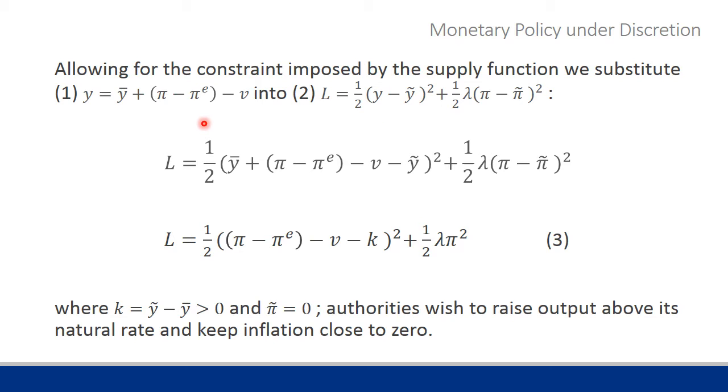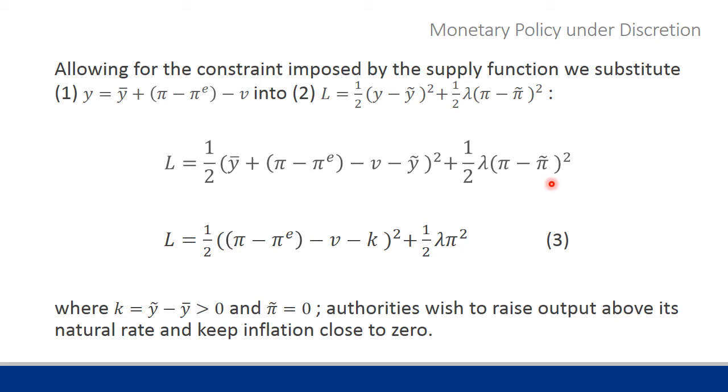Replace y with the right hand side of the aggregate supply equation, because y is equal to y here. So substituting, we have that loss is equal to half times y bar plus pi minus pi e minus v, which is y, minus y tilde, which comes from here, all squared, plus half of lambda times pi minus pi tilde all squared.